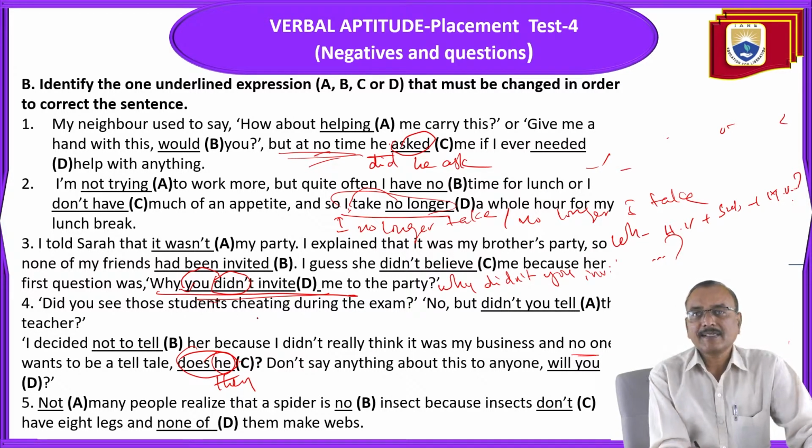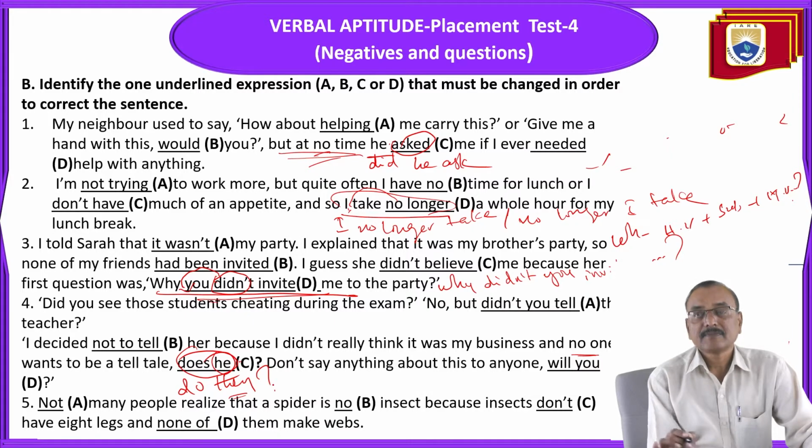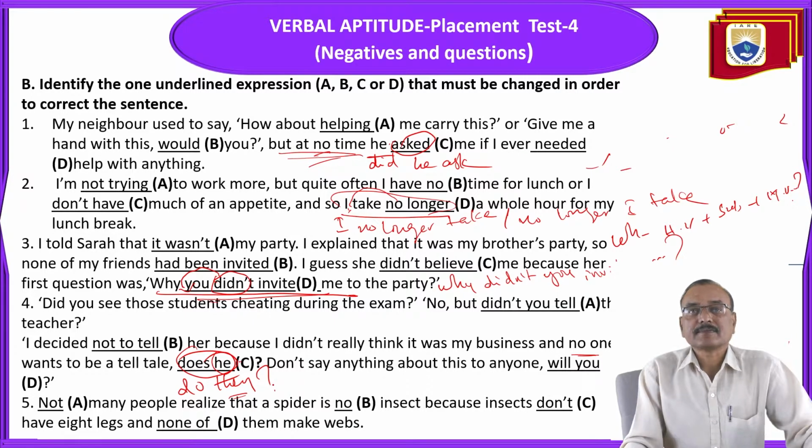If you take she, someone may question, why not he? So to avoid gender discrimination, just change it to they. They means it may be male or female. Is it clear? Right? When you change it to the plural form they, does becomes do. Do they? This is the right option.